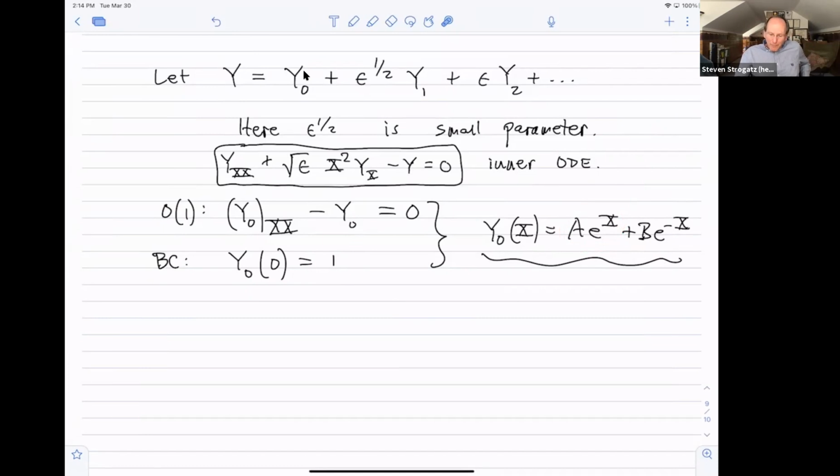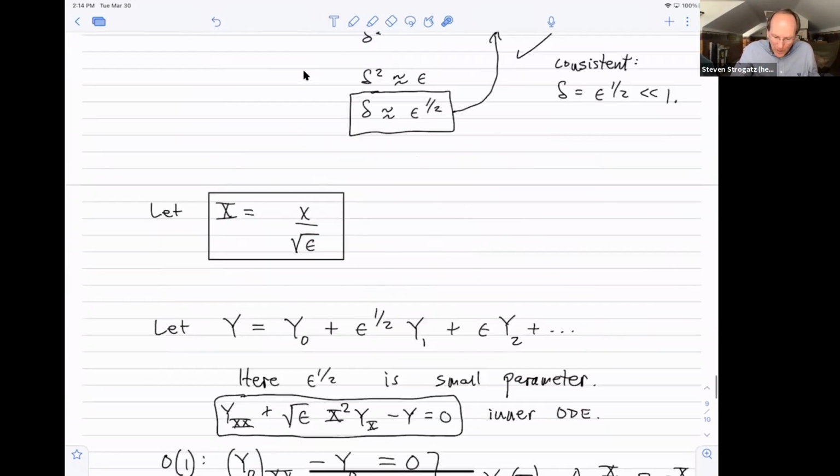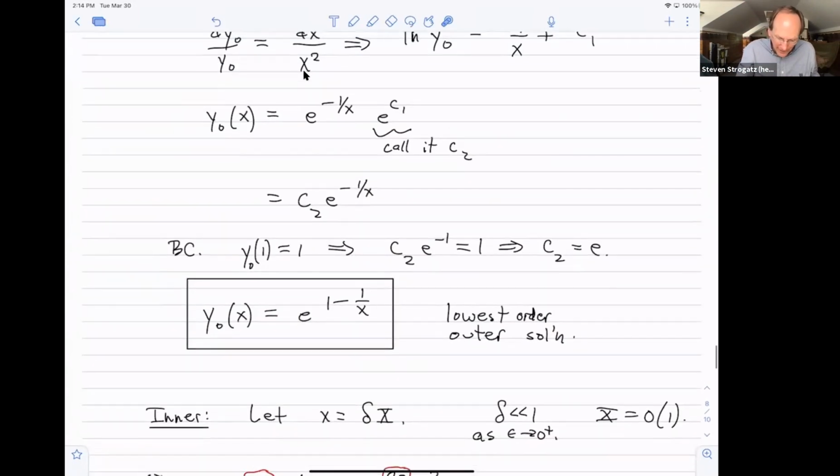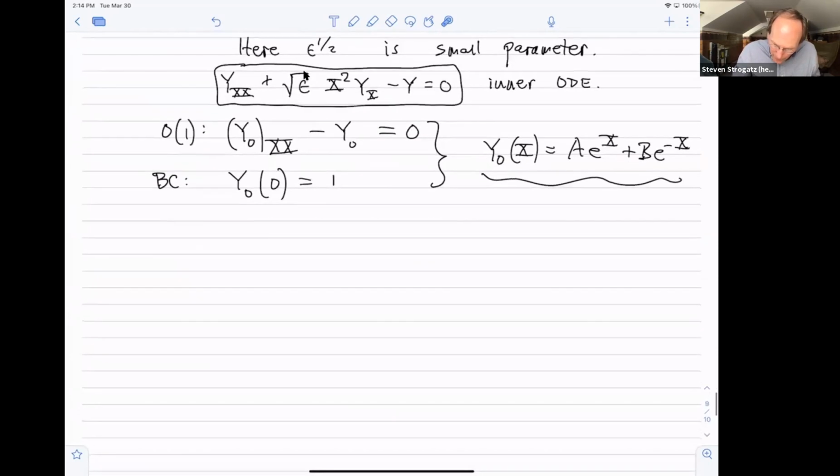I have to take capital X out to infinity when I go out to the end of the layer. So this is going to be exponentially big. There's no way that this little thing, this is all behaving like order 1 on this interval, is going to be able to match it. So I claim that with a little bit of forethought, you can see that a equals 0 will be needed for matching.